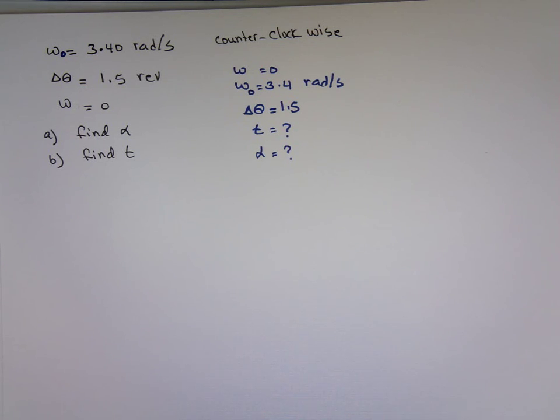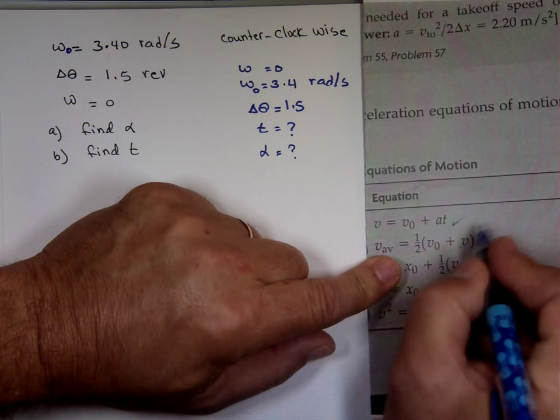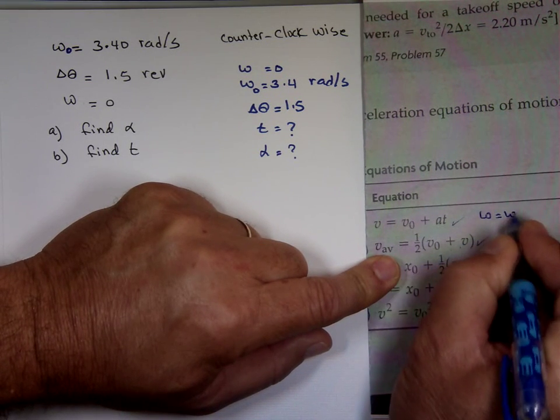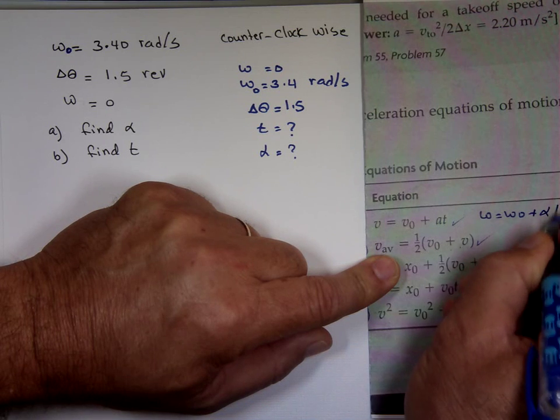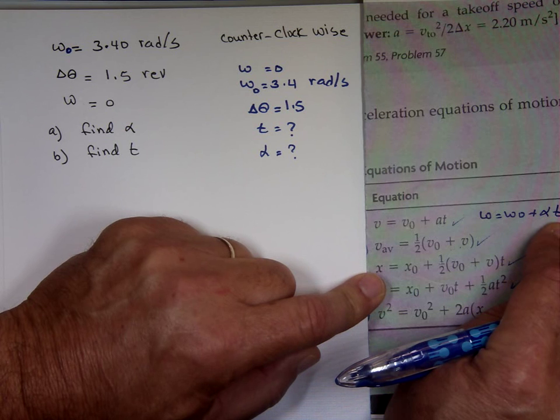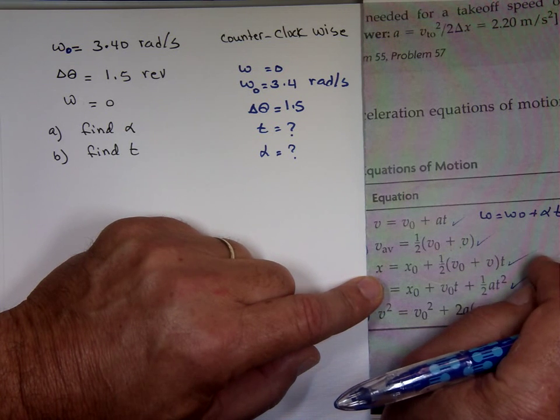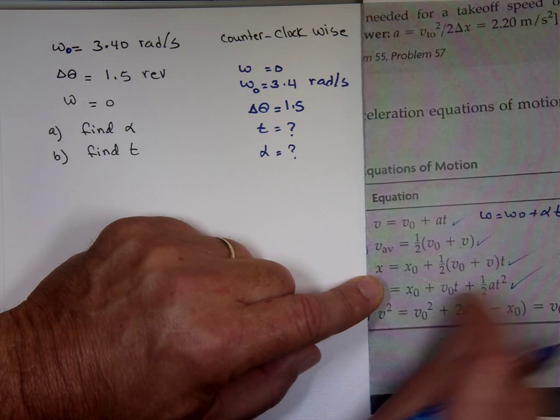Well, it looks like I didn't give you enough information. That's why I asked you for 2 questions, actually. Because any way we look at it, if I use that equation, w equals w0 plus alpha t, I can't use it. I don't know alpha, and I don't know what t is. Maybe I can get t from here.